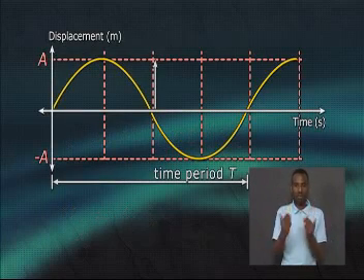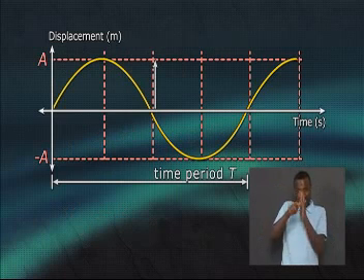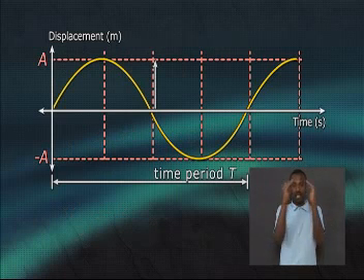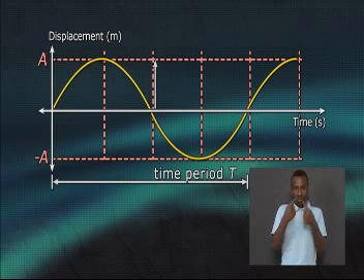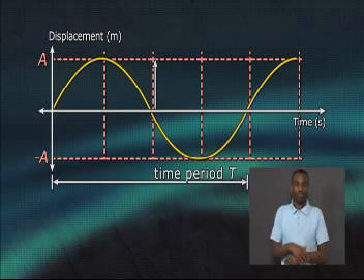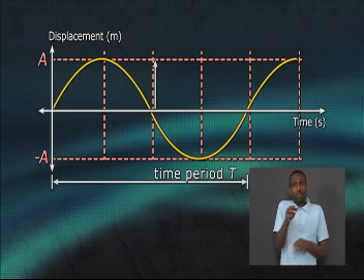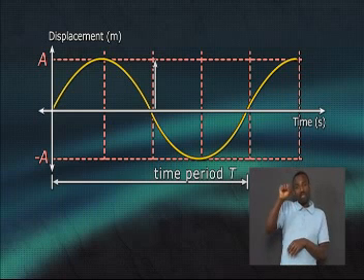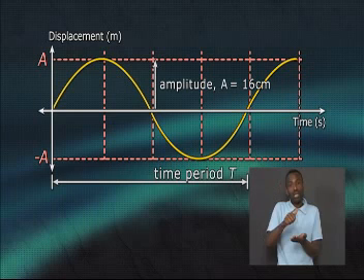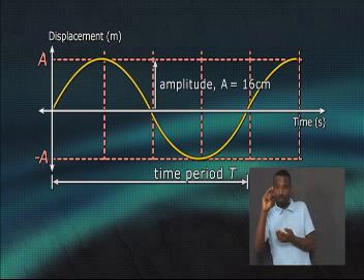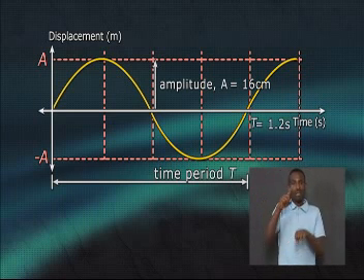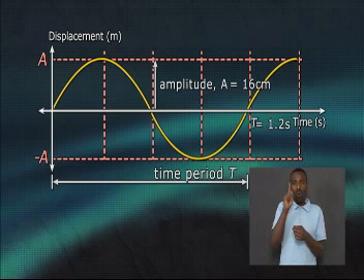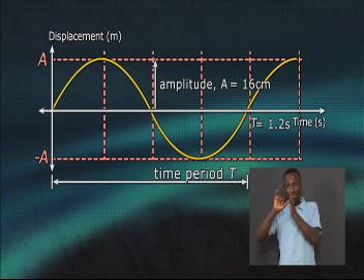Students, let us take a few minutes to practice the equations we have learned so far. Suppose that an object moves with simple harmonic motion of amplitude 16 centimeters and a time period of 1.2 seconds.